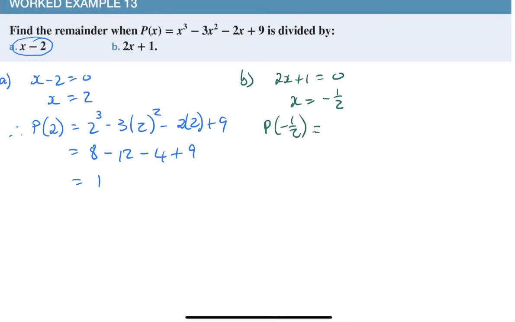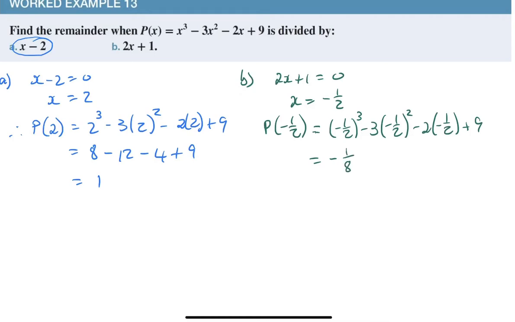So I'm going to use brackets in this case. X cubed means minus a half cubed, minus 3 times negative a half squared, minus 2 times negative a half plus 9. A negative times a negative times a negative is negative. 1 cubed is 1, 2 cubed is 8.